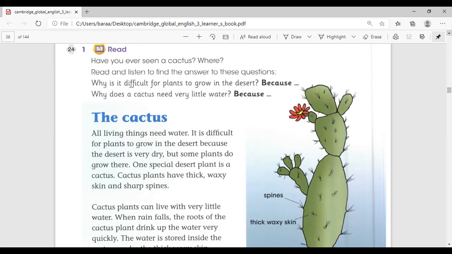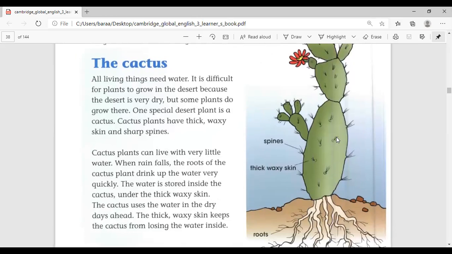And the special thing that helps the cactus is what? The stem, the thick waxy skin. So one special desert plant is a cactus. Cactus plants have thick, waxy skin and sharp spines.